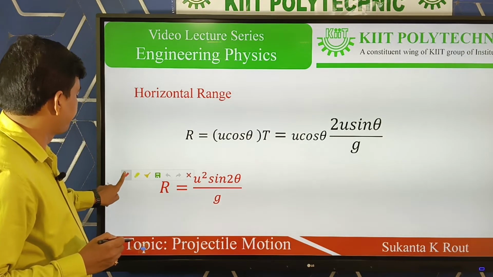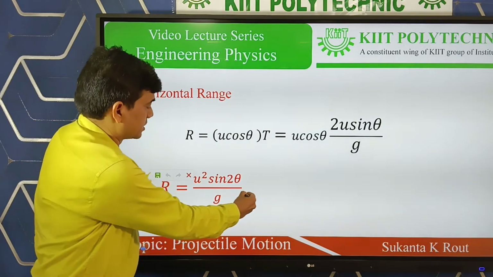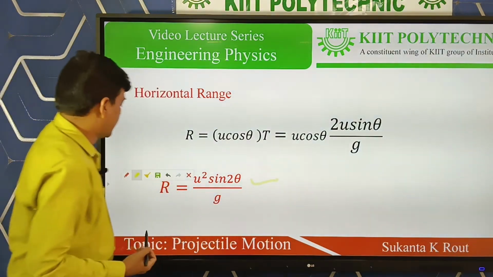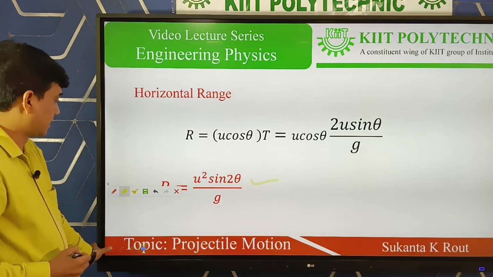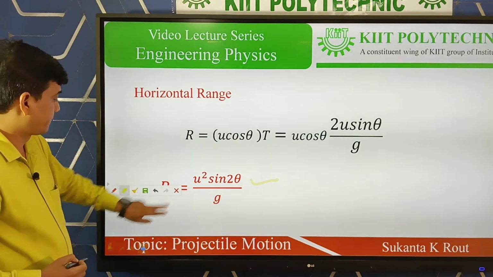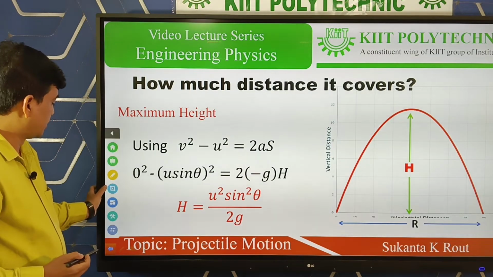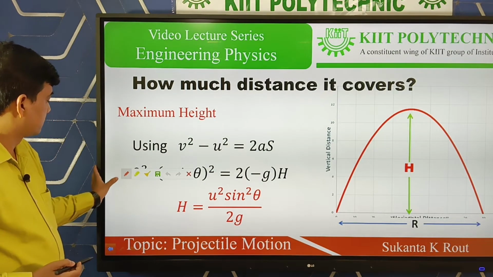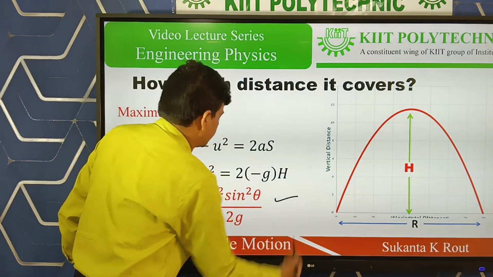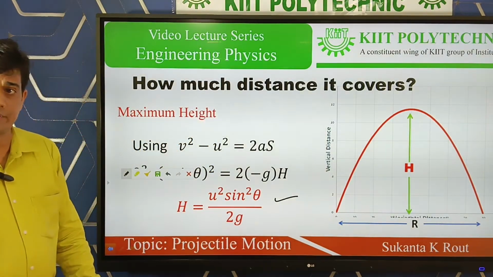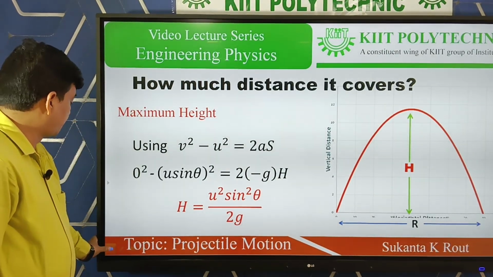One is R, that is u square sine 2 theta by g. Similarly, another is H, that is u square sine square theta by 2g. Another is the time of flight.